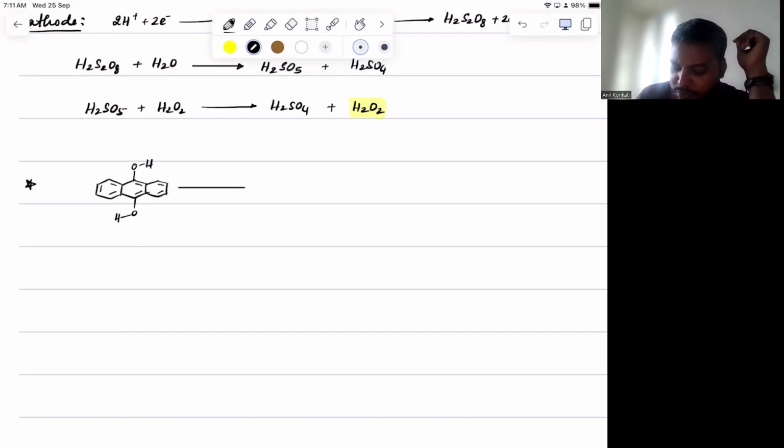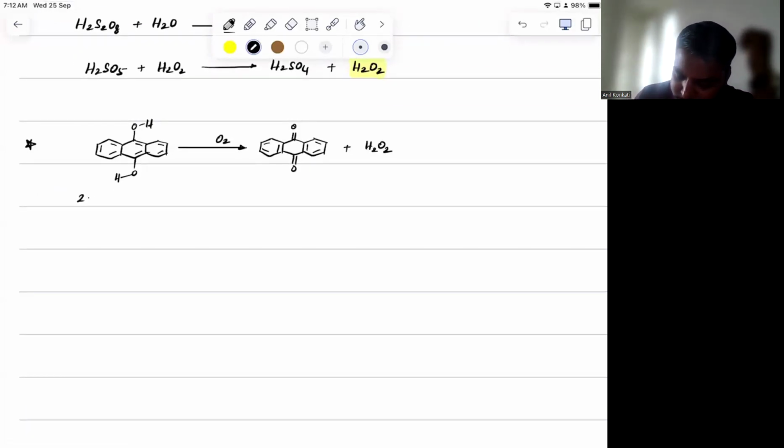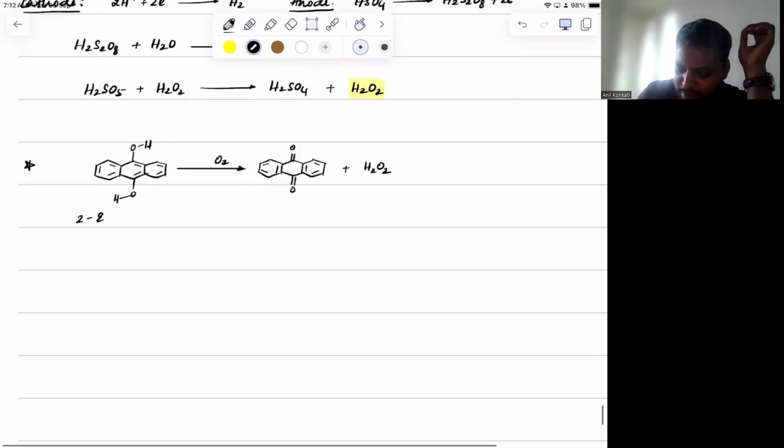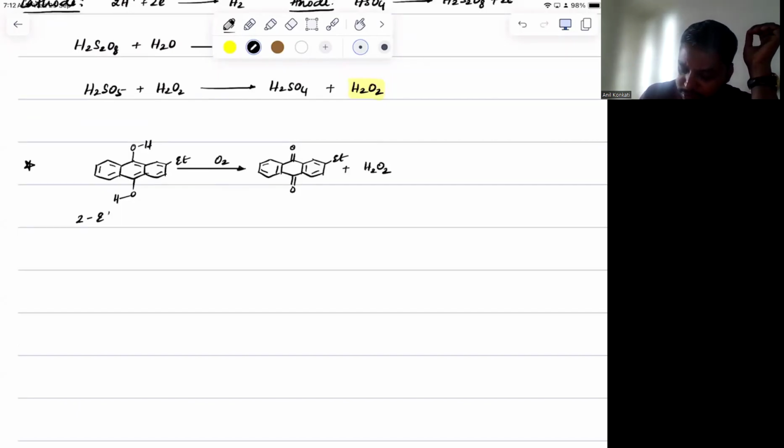When you treat this with O2, you will notice that it will become the double bond O, this way, plus peroxide, H2O2. In the presence of O2, you will see H2O2 coming across. I didn't mention where the ethyl is. So ethyl is here. So this is called 2-ethyl anthraquinone.